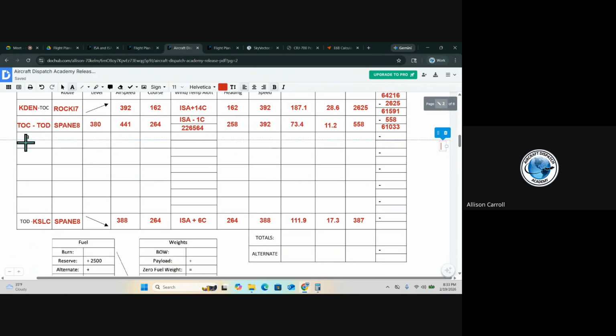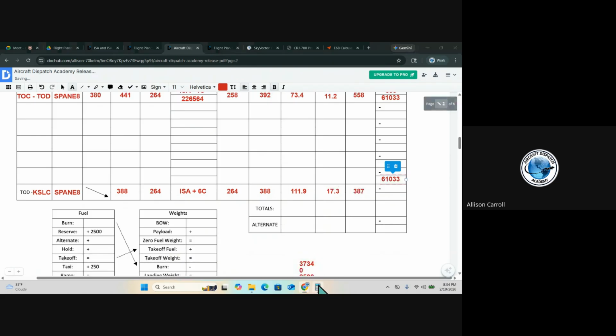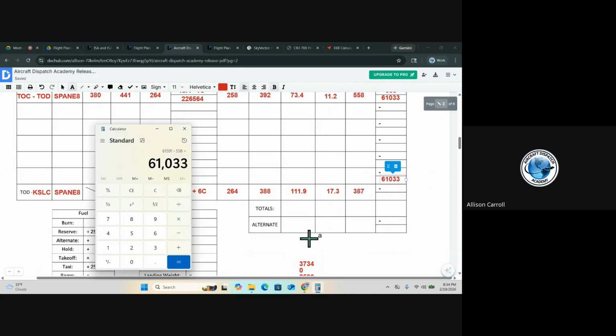Okay. Well, we don't have any other cruise lines because we are going from top of climb to top of descent. And then on our descent, we go from top of descent into Salt Lake. So guess what? That is our only performance line that we have to do during cruise. So let's bring all of these numbers down, this weight down here. 61,033, just double checking myself.